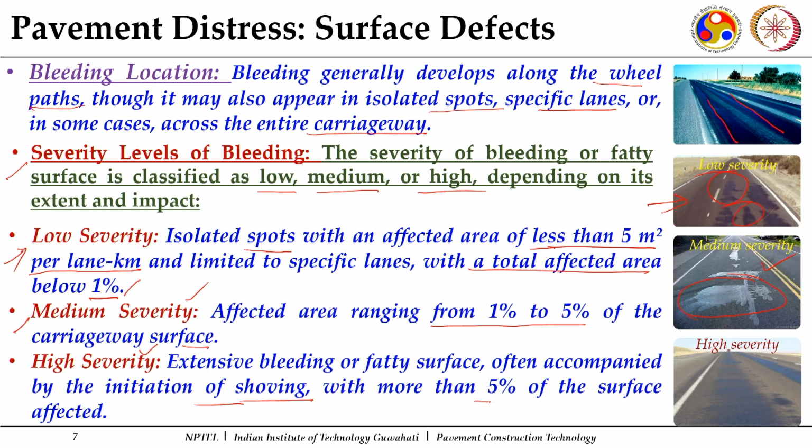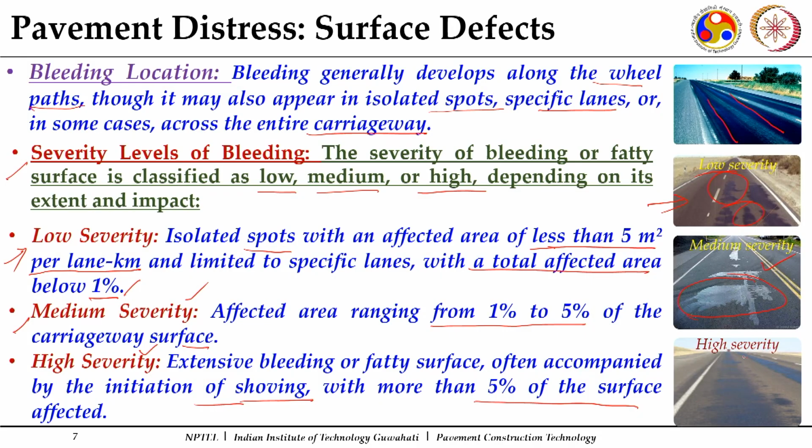So, in this particular case, when it is more than 5% of the surface area of the carriageway, it is considered as high severity, and this classification of the severity levels is as per IRC 82 2023. Here you can see this bleeding which is happening is occupying more than 5% of the total area.